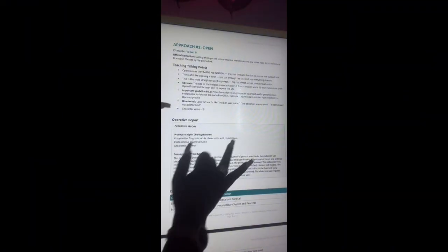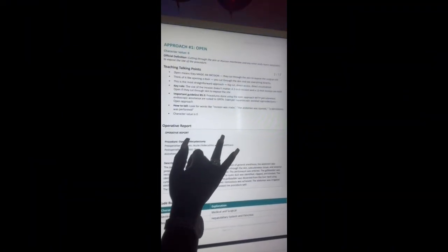Can you guys kind of see this a little bit? Okay. All right, so I'm not going to start with root operators. I'm going to start with approaches, and we're going to go through one approach tonight. There's 7. All right. So grab your paper and your pen, and we're going to go through approach number 1.